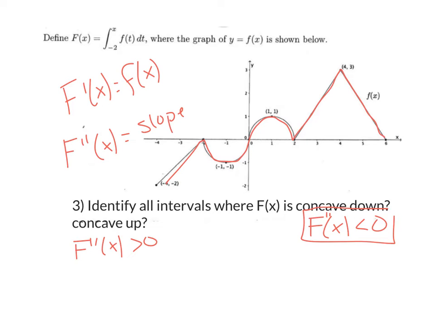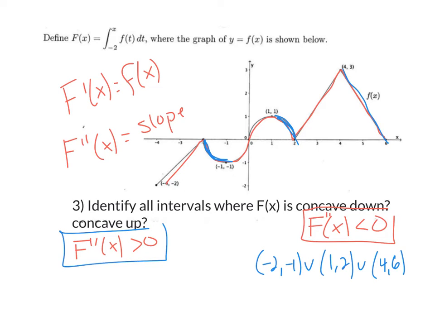Notice it's decreasing between, looks like, -2 and -1. Also from 1 to 2. And lastly, from 4 to 6. Where is the slope positive for being concave up? Well, that would be all the other intervals.